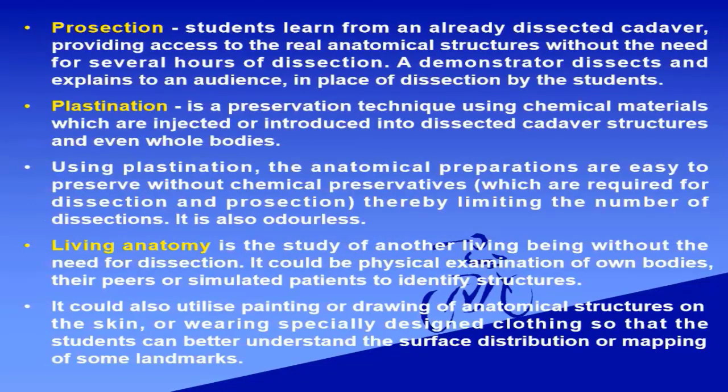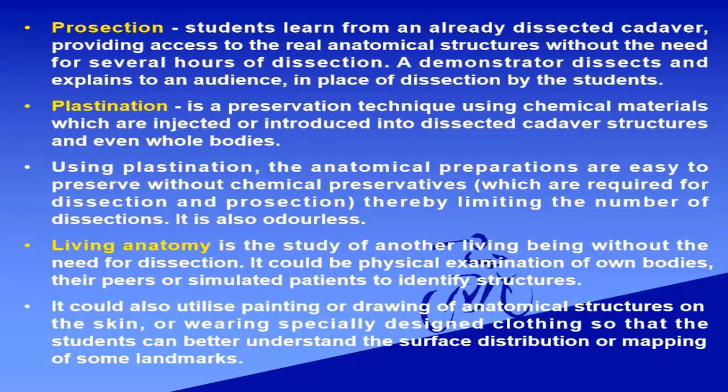Prosection refers to a situation in which students learn from an already dissected cadaver, providing access to the real anatomical structures without the need for several hours of dissection. In other words, a demonstrator most of the time dissects and explains to an audience in place of dissection by the students.